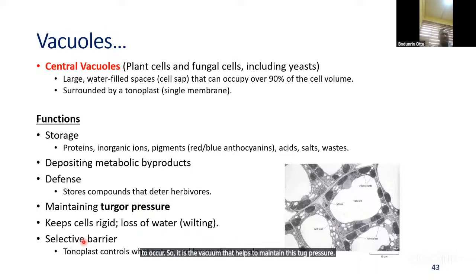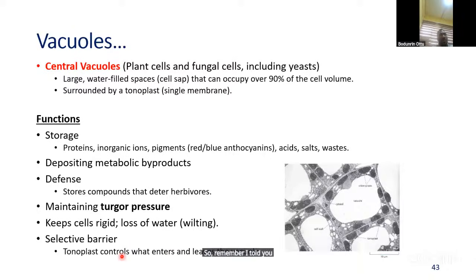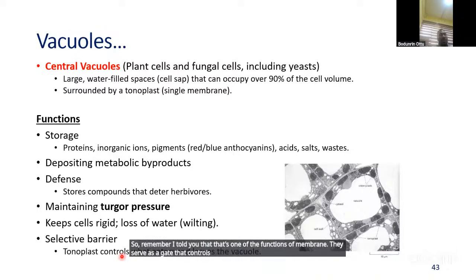And like I said, it also has its own membrane, a selective barrier. Remember when we talked about the functions of membrane, we said it acts as a permeability barrier, right? So these vacuoles have the tonoplast, which controls what goes in and leaves the vacuole. That's one of the functions of membrane. It serves as a gate that controls what enters and leaves the vacuole.